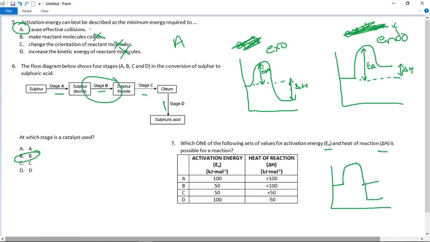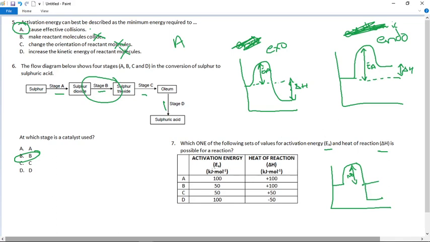We can either jump off on one of these two points for endo or exo. If you go up 100, you cannot have a positive 100 heat of reaction because there has to be a difference. Look at my endothermic graph. The activation energy has to be bigger than the delta H for an endothermic reaction to occur.